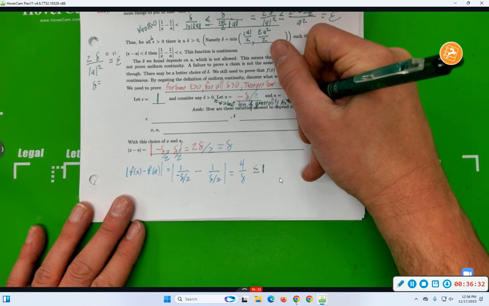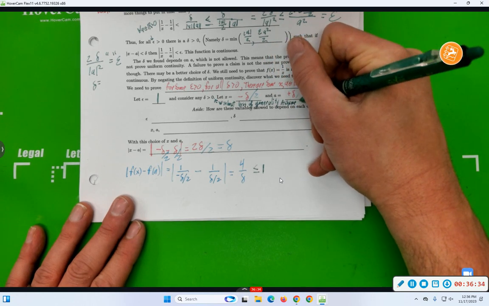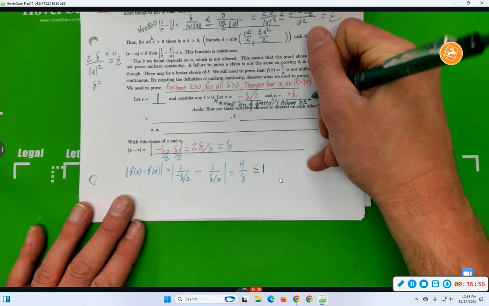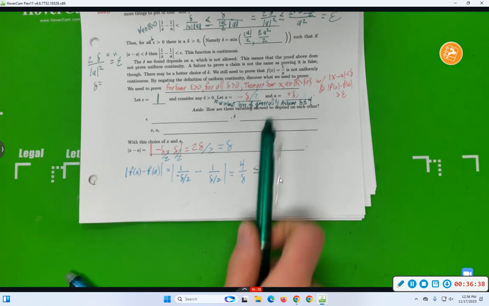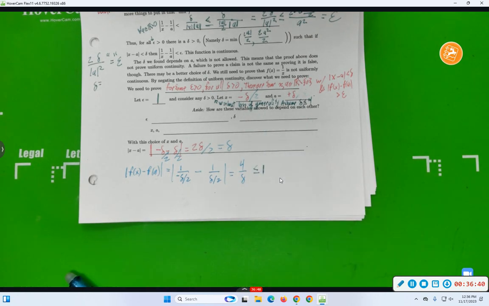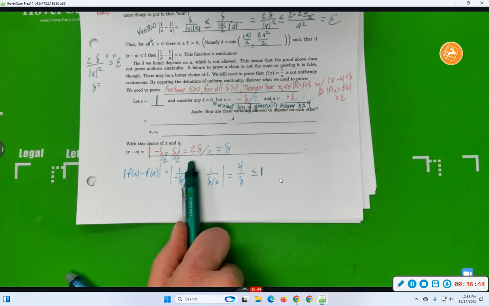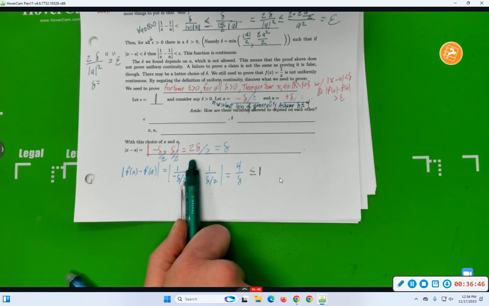Let's assume delta is less than or equal to 4. Let x be negative delta over 2, a be delta over 2. Does it then follow that the absolute value of x minus a is less than delta?